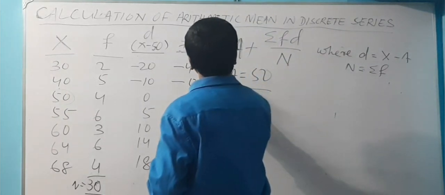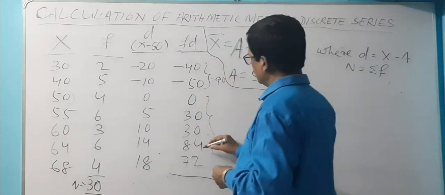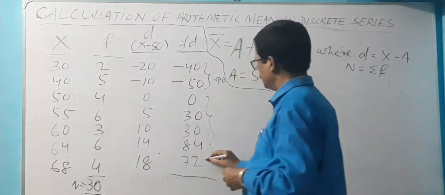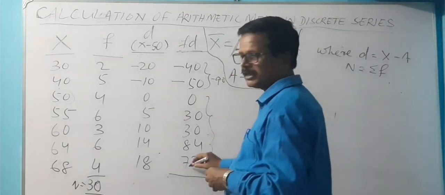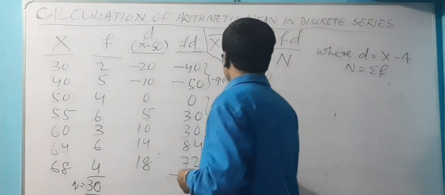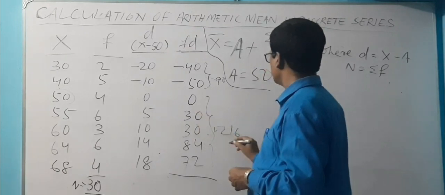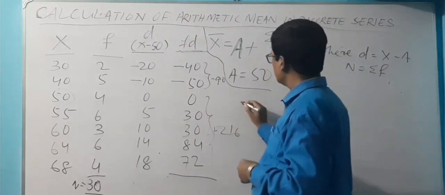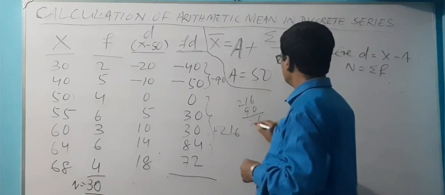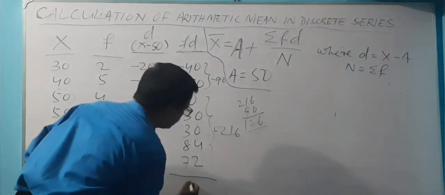The positive values 30, 30 is 60, plus 84 is 144, plus 72 is 216. So 216 minus 90 comes to 126.